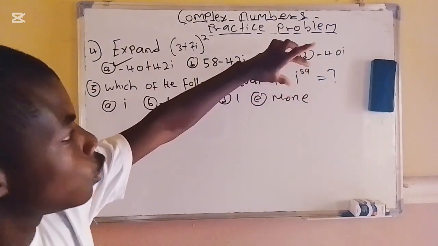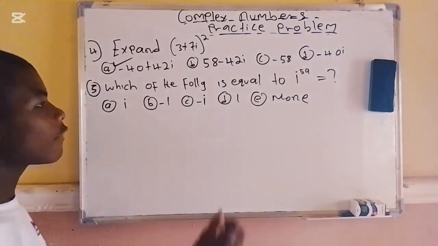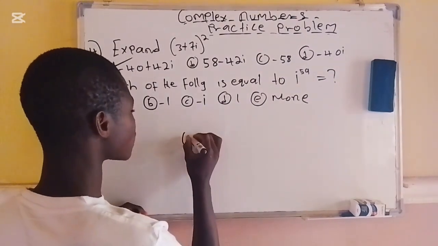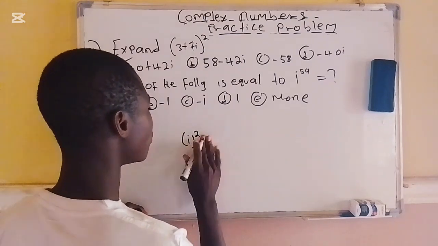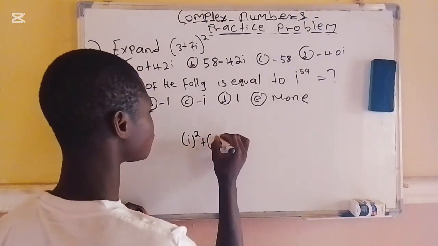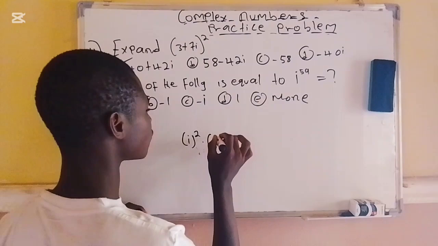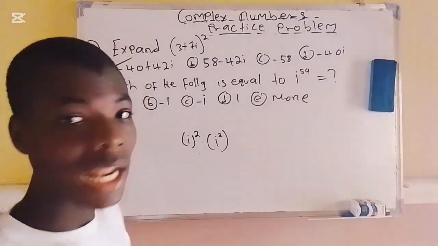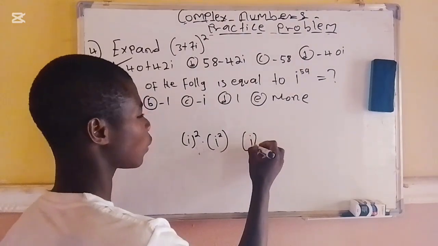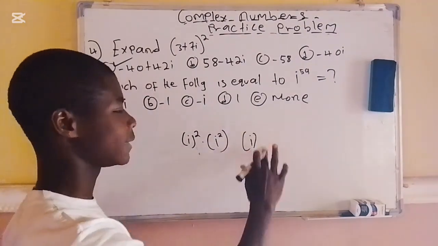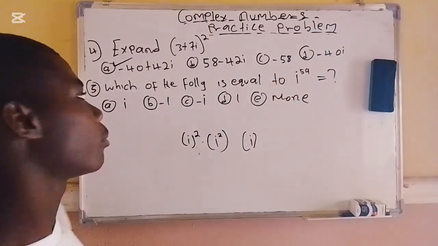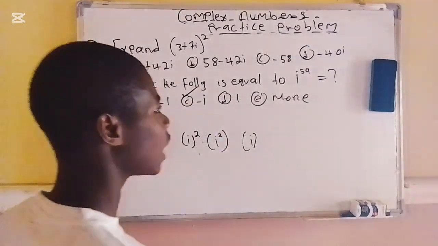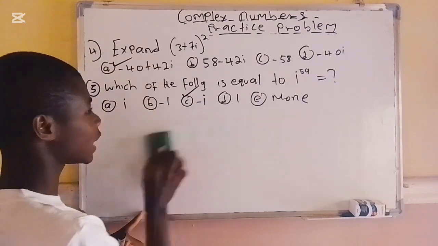If you keep removing factors of i squared, up to 59, you will be left with only one i. Since this is an odd number, it will be equal to negative i. But we have to prove how it becomes like this.